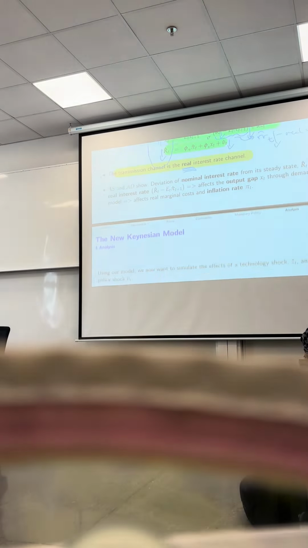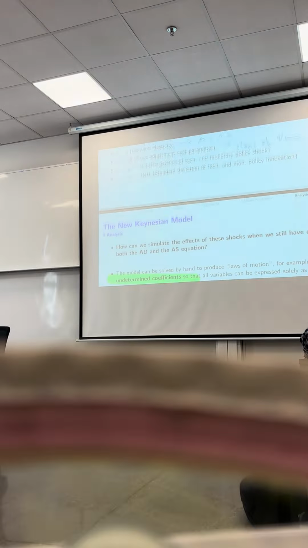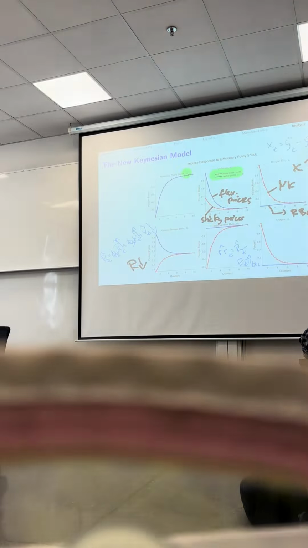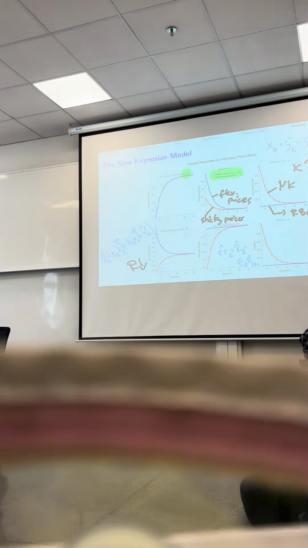Then we went through a couple of numerical examples, familiarizing ourselves with the quantities, but that's basically a quantification of the real interest rate channel. We learned that the quantitative impulse responses, the red lines, are qualitatively in line with the empirical evidence, while the blue lines pertain to flexible prices.